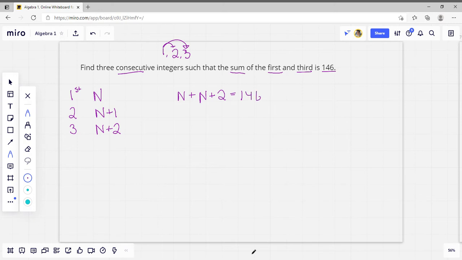Okay, so now to solve this like we would any algebra problem, we're going to put our n's together, so we'll get 2n plus 2 equals 146. And then we need to subtract 2, because we're trying to get n by itself.